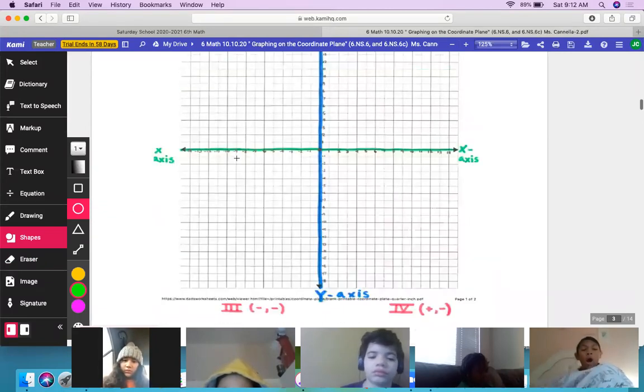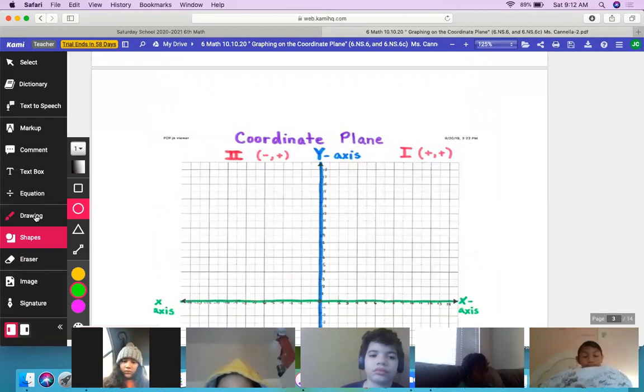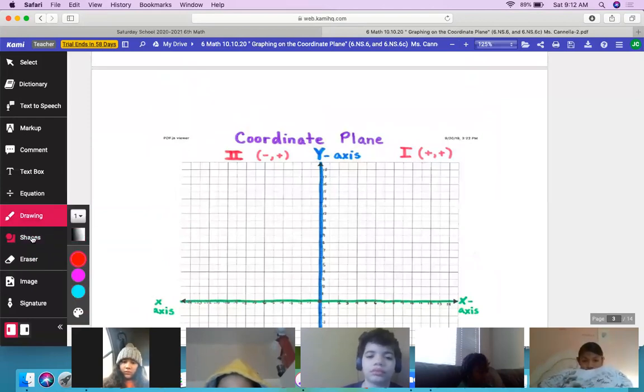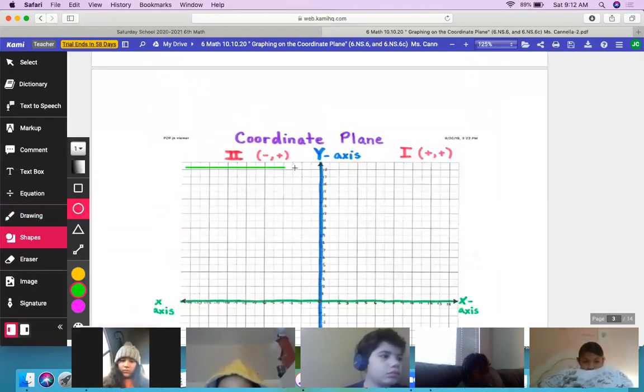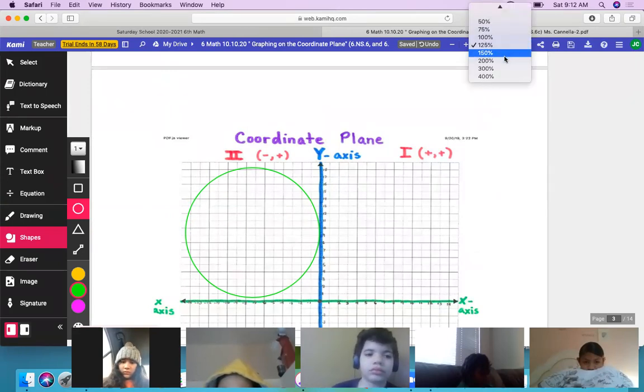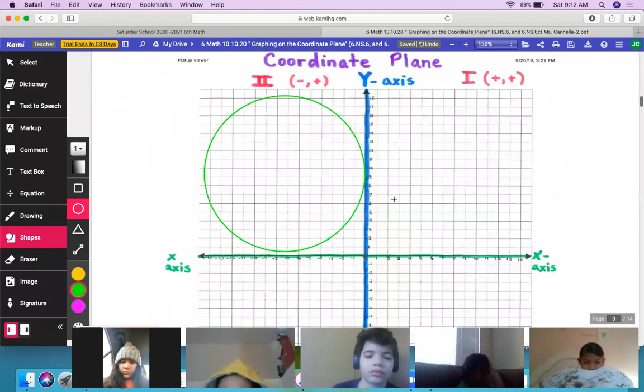All right, so let's look. Quadrant 2. So check this out, guys. Watch this. Ready? We're interested in this quadrant in green, Leah. What do we know about the X and Y values? Can you see that? We need it a little bigger. What kind of X is it? Negative or positive? Negative and positive. So what's negative and what's positive?